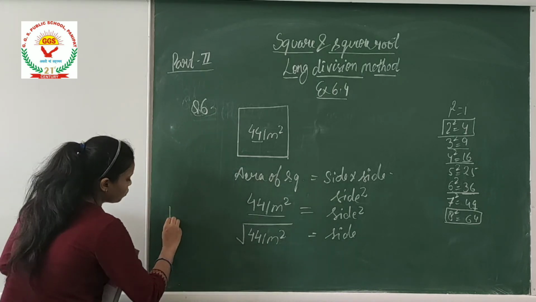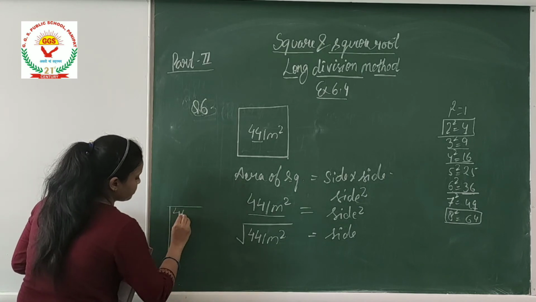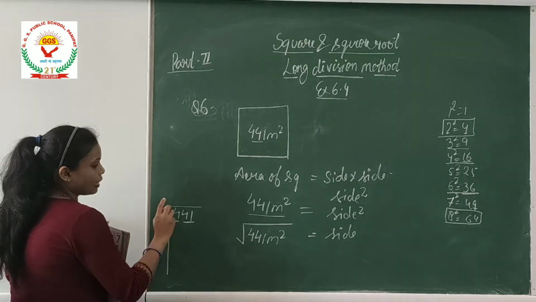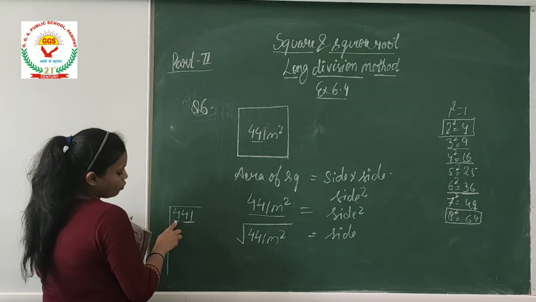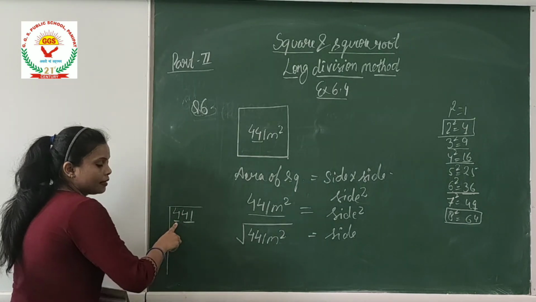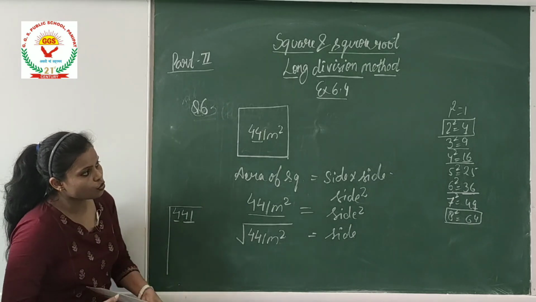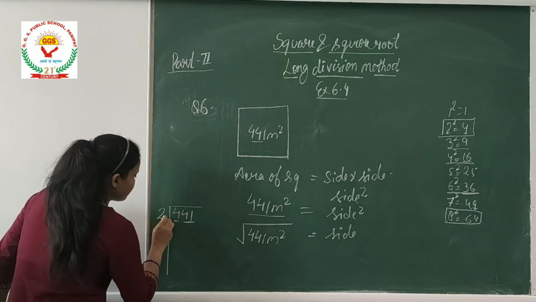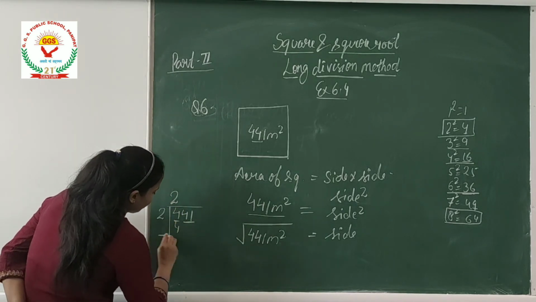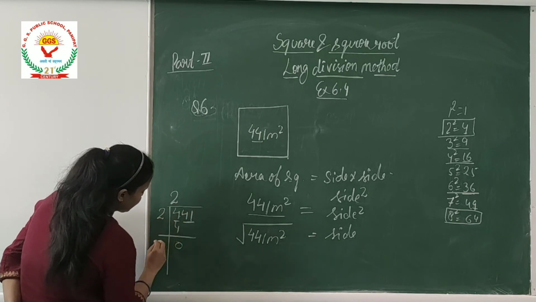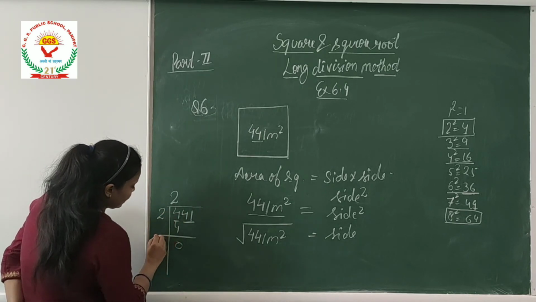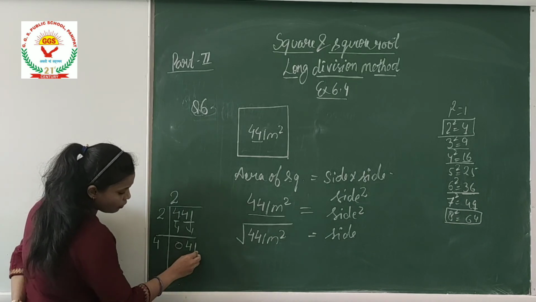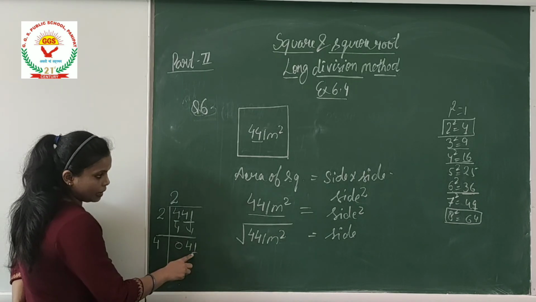We will use the long division method, making pairs first. Now we will find a number whose square is equal to or less than 4. So we have the number 2. 2 here and 2 here, 4. Subtracting gives 0. 2 plus 2 is 4. Now 41 is going to be carried forward. Now we have 1 at the unit place.